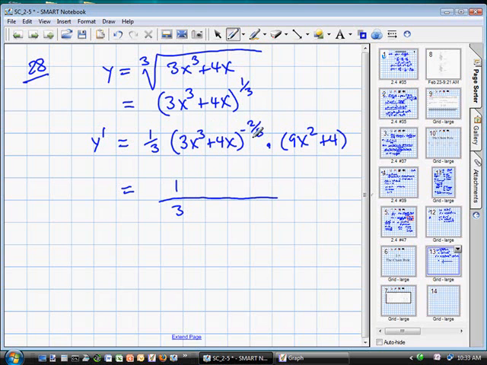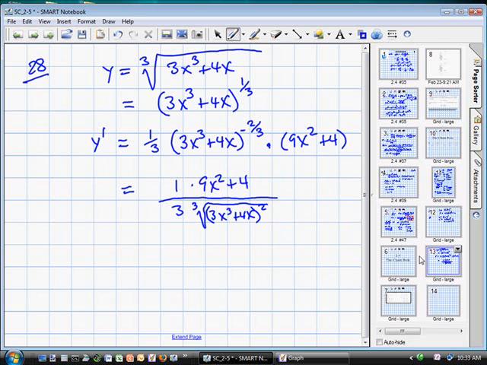It's the cube root of a square. We could write that like that. And then this 9x squared plus 4 goes on the top. And I could get that 1 out of there. But again, you really don't want to go any further than this.